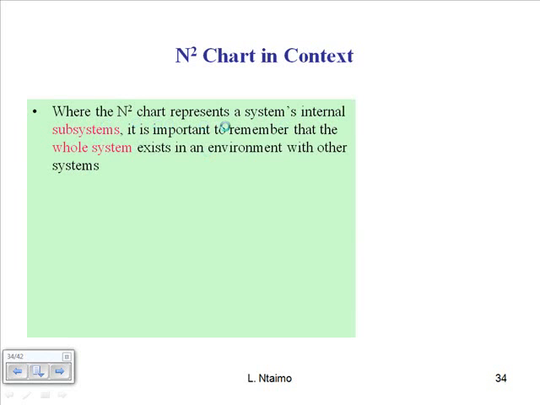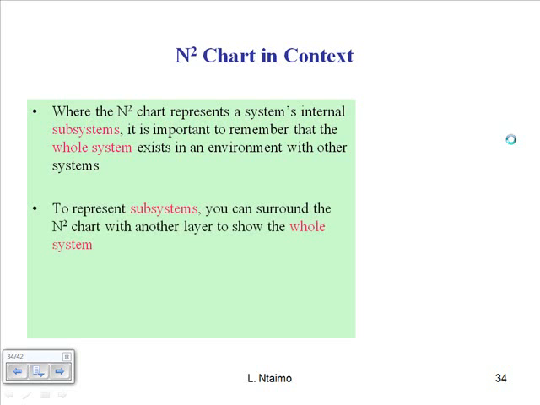Where the n-squared chart represents a system's internal subsystems, it is important to remember that the whole system is going to exist in an environment. Okay. Again, the concept of open systems says that the system is going to be able to receive inputs and produce outputs, and these outputs are going to be produced as a result of the dynamics of the entities within that system.